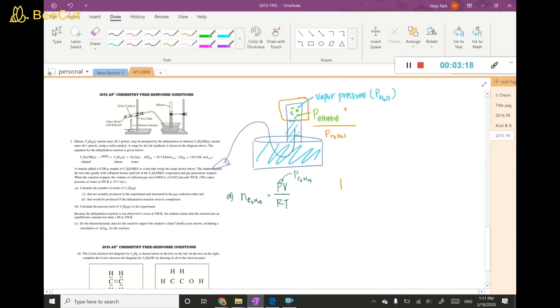So let's do this. The vapor pressure of water and the partial pressure of ethene has to equal total pressure, right? And what was the total pressure? They gave it to us right here, 0.822 atmospheres. And they gave us the vapor pressure, and the vapor pressure is what? 35.7 torr.